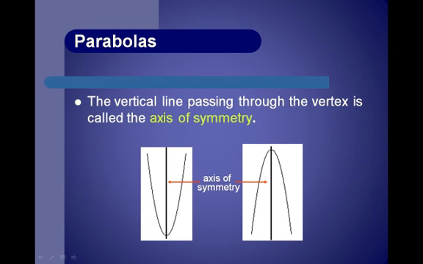As I just mentioned, the vertical line passing through the vertex is called the axis of symmetry. The axis of symmetry will always look like x is equal to a number, and that number is going to be the x value of the vertex.